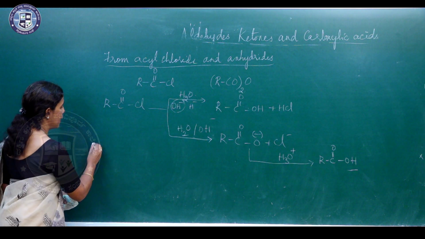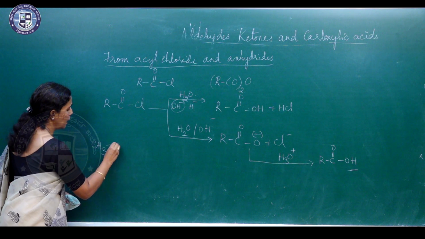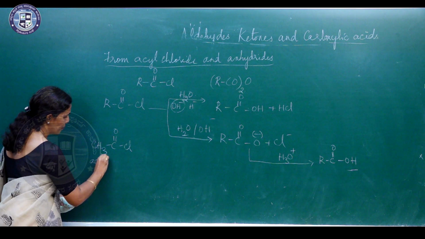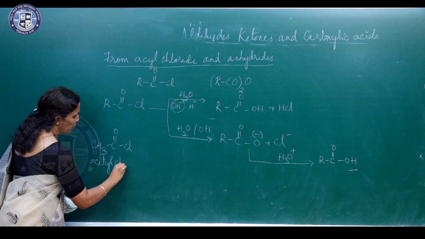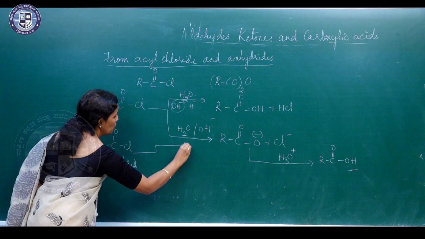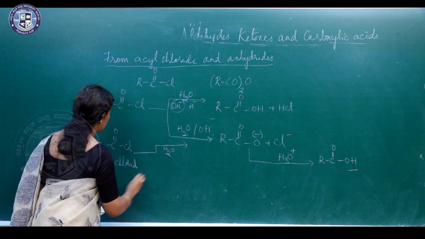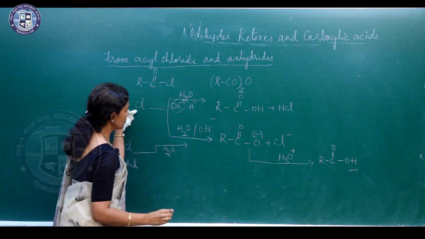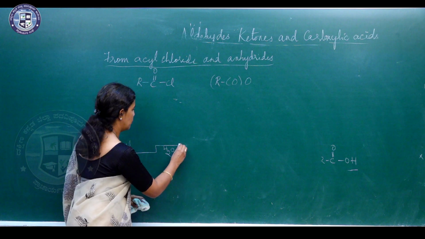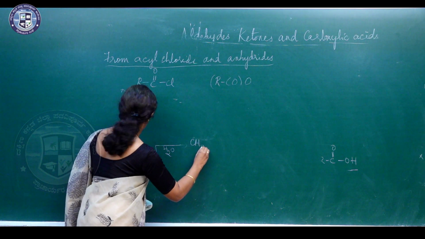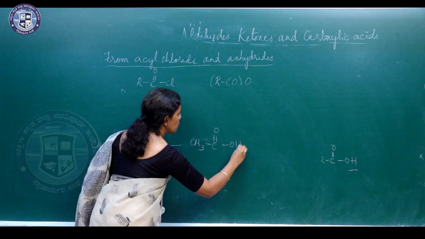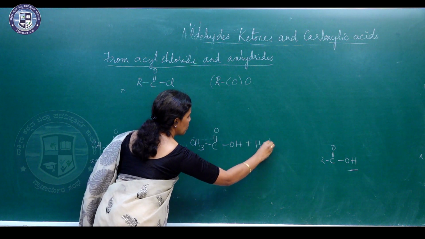So, again we will take an example. We will take acetyl chloride, CH3COCl. This is called acetyl chloride, subjected to hydrolysis. So, the product will be CH3C(=O)OH along with the formation of HCl.